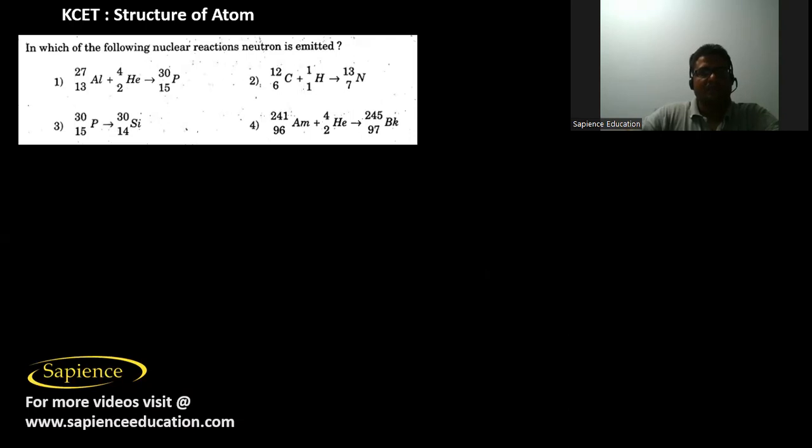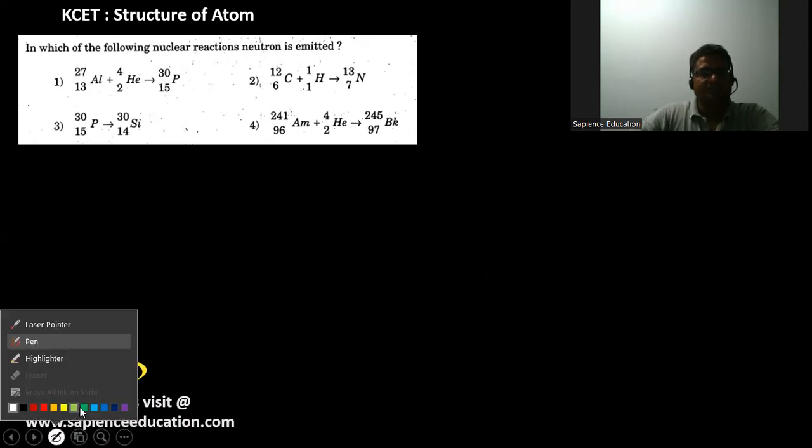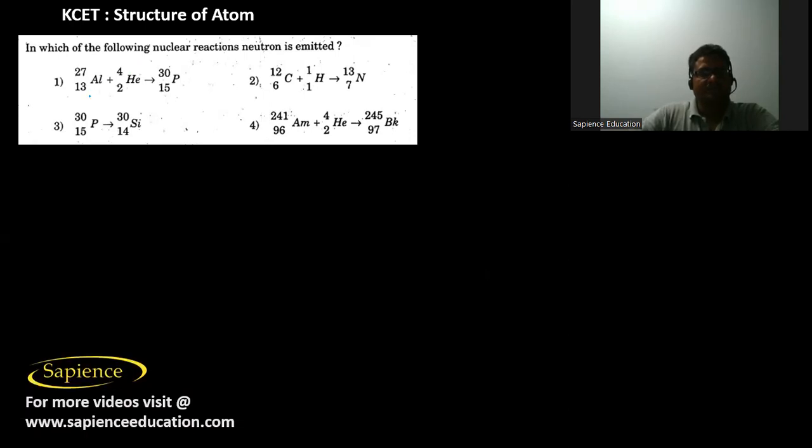In which of the following nuclear reactions is neutron emitted? So in the first one, neutron can also be written as n with 0 protons and mass number 1, since it has no proton and one nucleon.